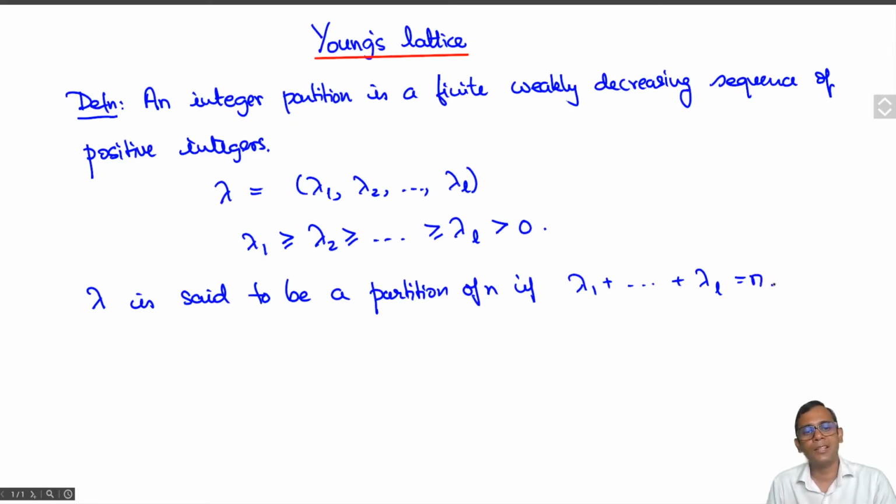So basically the question is, in how many ways can I divide the number n into smaller numbers? The order in which I write the summands doesn't really matter, so I will always choose a standard notation and write them in weakly decreasing order.